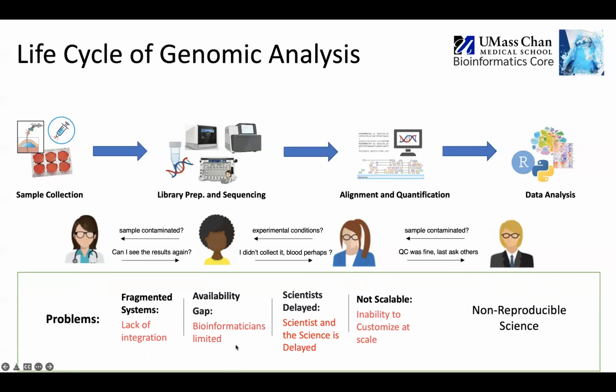Bioinformaticians have limited time. There are not many bioinformaticians around. That's why you need to take the responsibility everywhere as a bench scientist, because the bench scientist starts the project, okay? And they're integrating these people at different scales. So you need to have that ultimate responsibility to manage your own project.